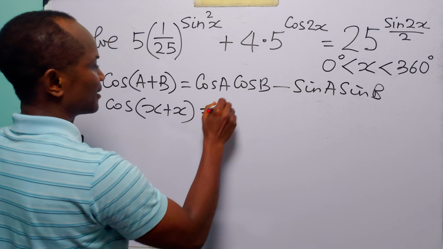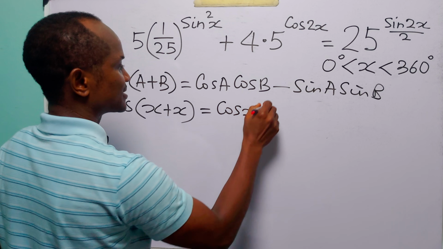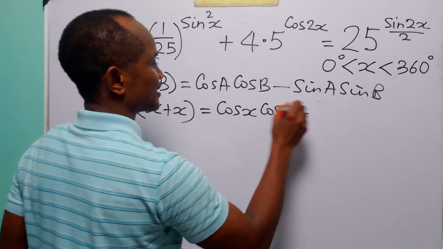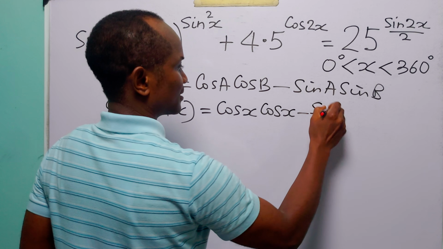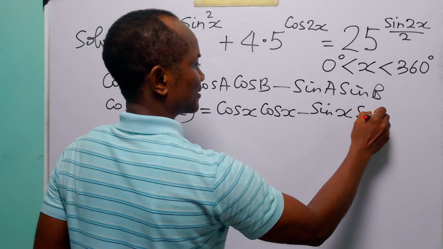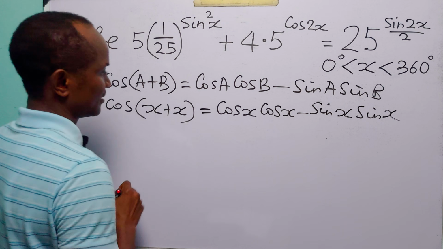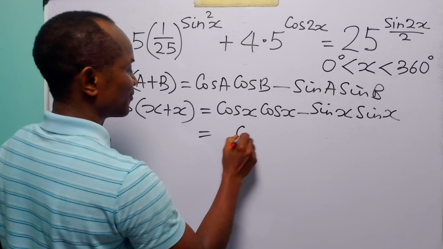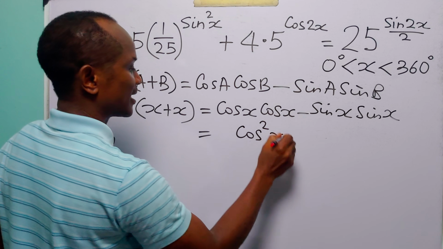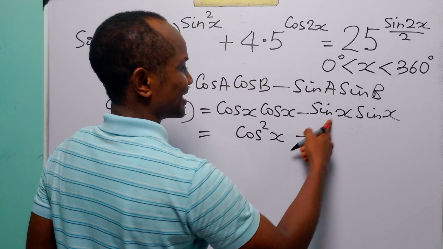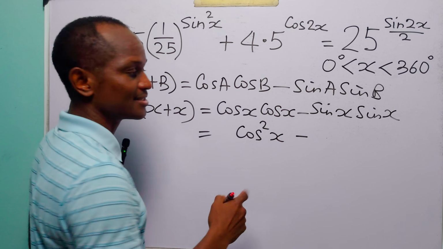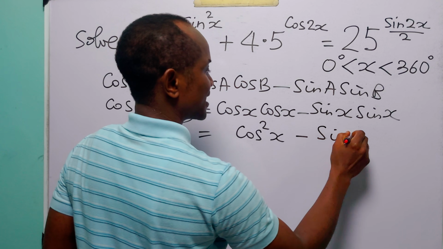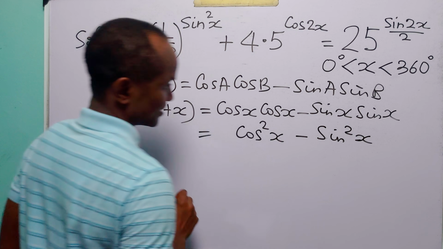Now, this will be equal to cos x cos x minus sin x sin x. Of course, you know that cos x times cos x is going to give us cos squared x, while sin x times sin x is going to give us sin squared x.